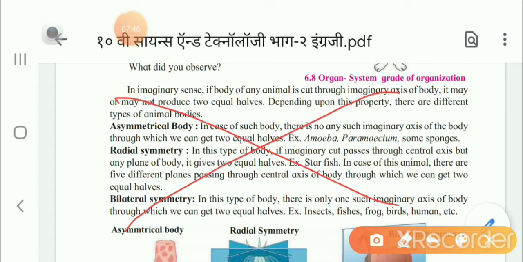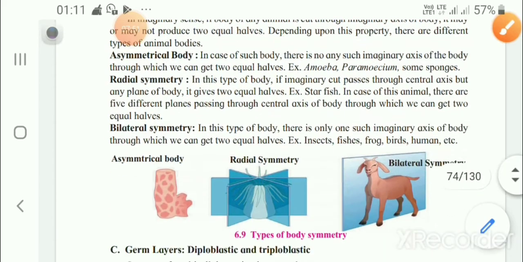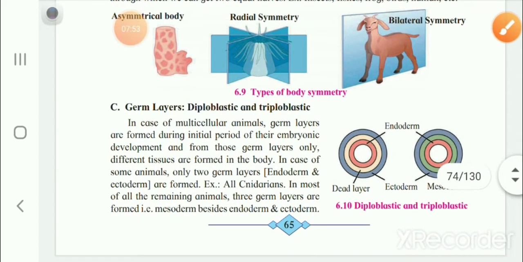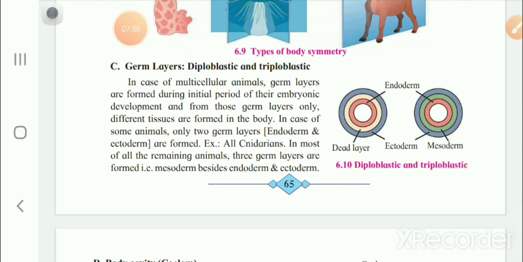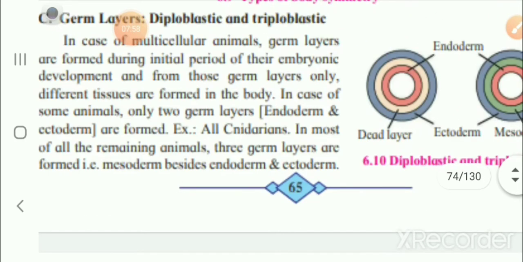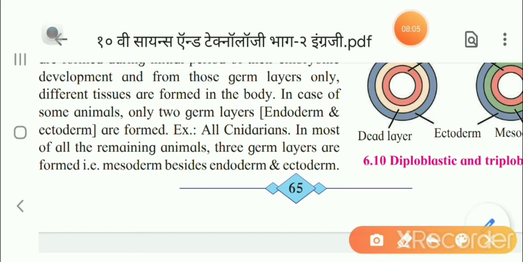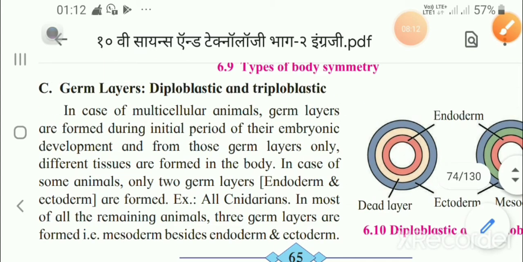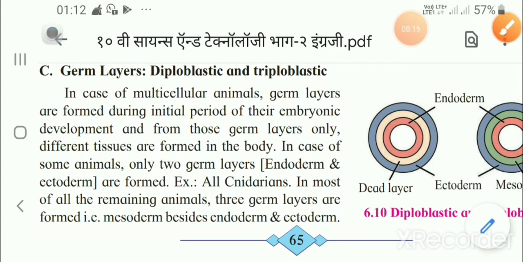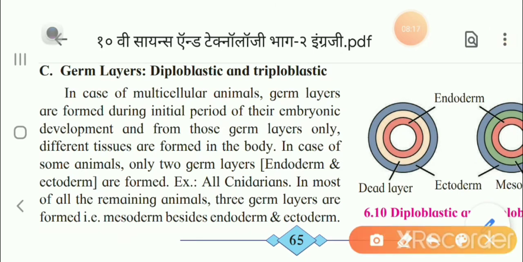Now we will start with the germ layers. Now we'll start with the topic germ layers.